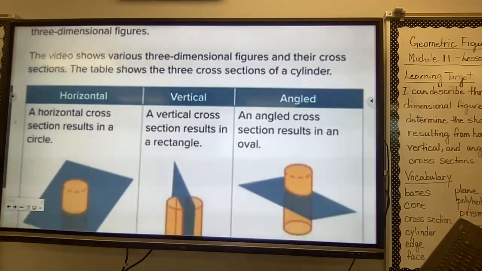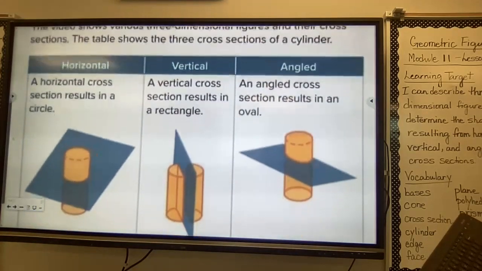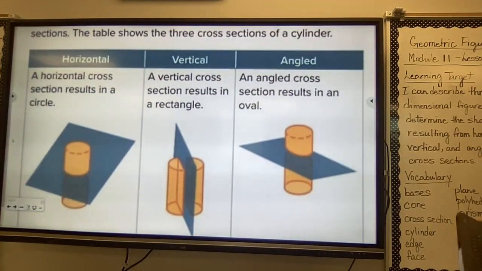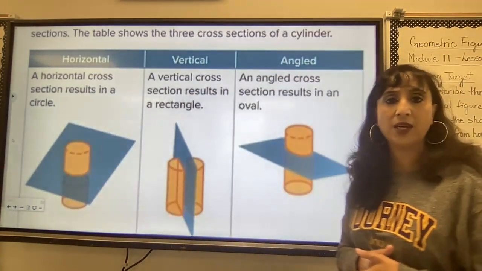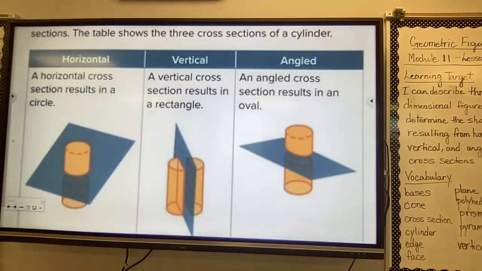So here is an example of the different types of cross sections. And this is showing one of a cylinder. Okay. So once again, a plane is a flat surface that extends forever in all directions. And the intersection of a solid and a plane is called the cross section of the solid.